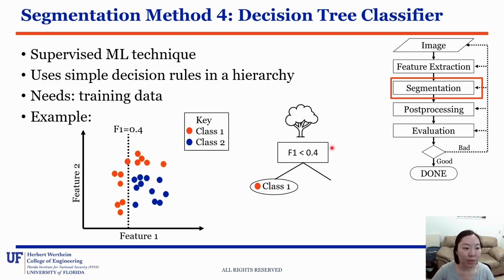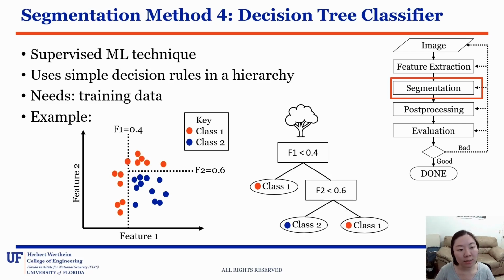So this reads, if feature 1 is less than 0.4, if this statement is true, then it belongs in class 1. So in our diagram, we will use left for true and right for false. Next, for pixels with feature 1 values greater than or equal to 0.4, we can subdivide, where feature 2 is at 0.6.